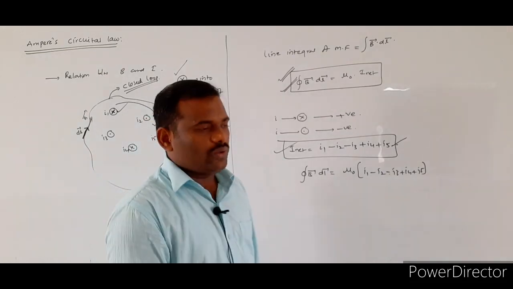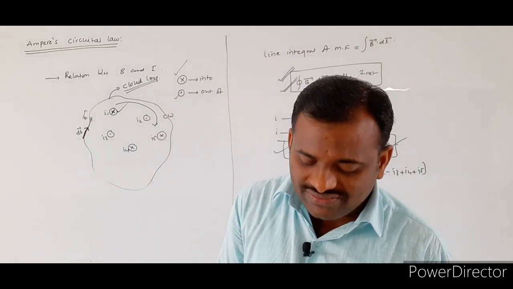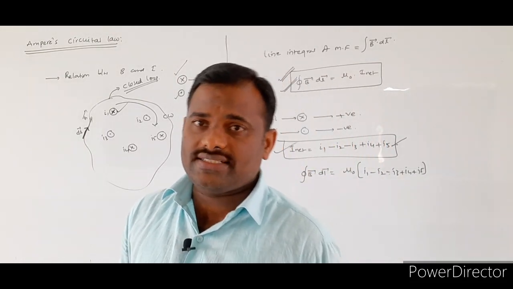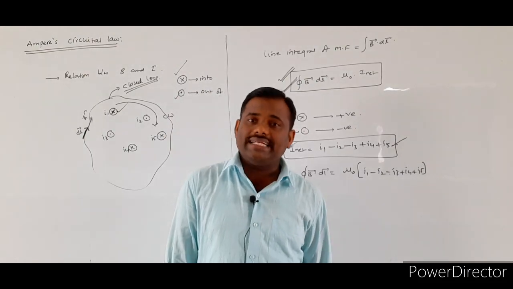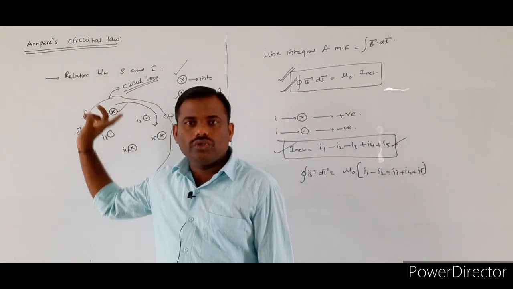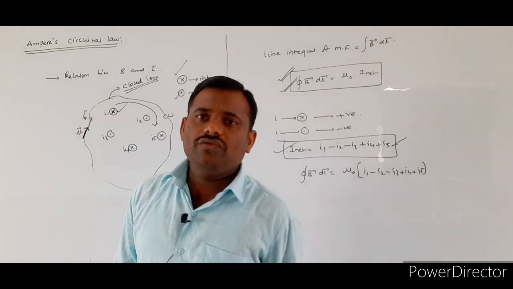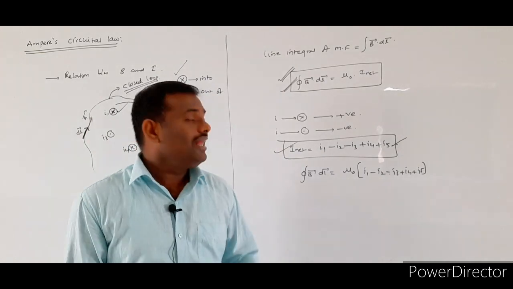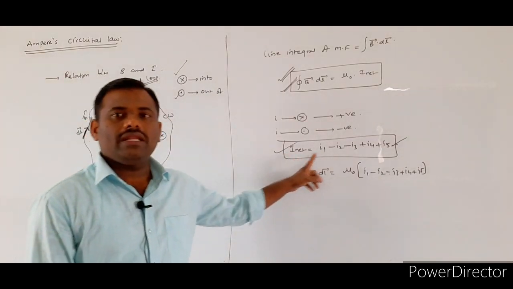So what is the statement of Ampere's circuital law? It states that the line integral of the magnetic field over the given closed loop will be equal to mu naught times the net current passing through the given closed loop.